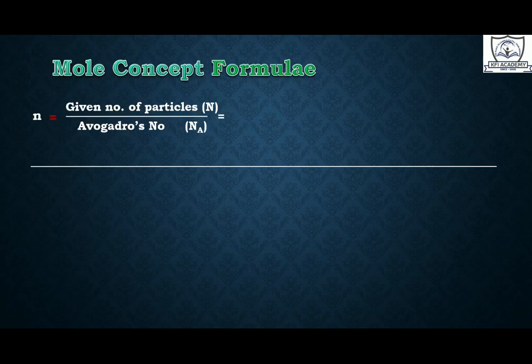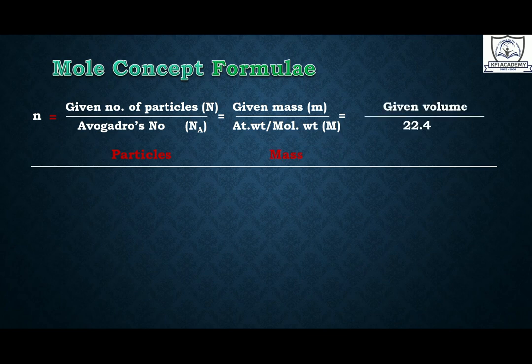So now we have number, volume and mass. If particles are given, divide by Avogadro number. If mass is given, divide by atomic weight or molecular weight. If volume is given, divide by 22.4 liters. That's it, very simple formula.